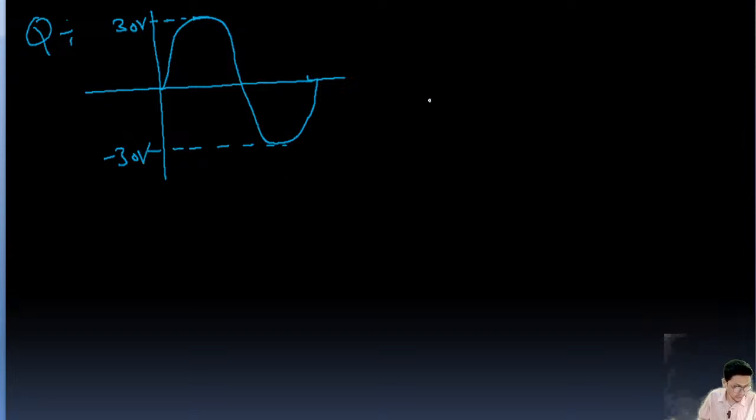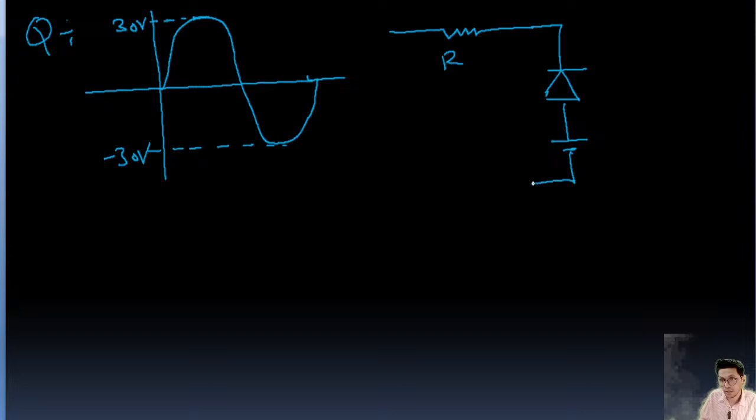Okay, so this is the input, and the clipper is given like this. This is R. We have been given a parallel clipper, and this is the diode, and this is 6 volt, guys. And this is the output.